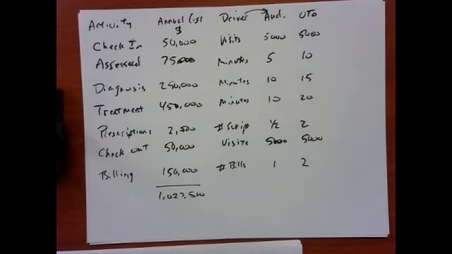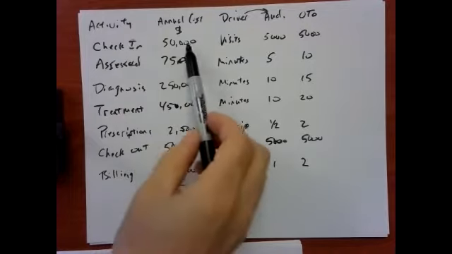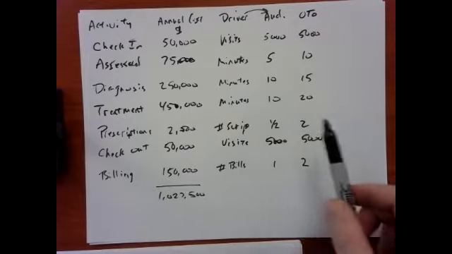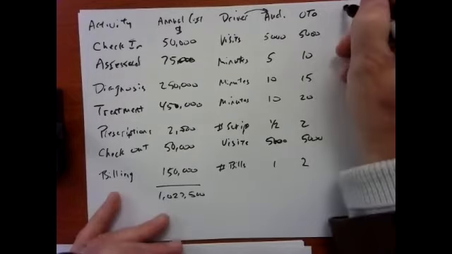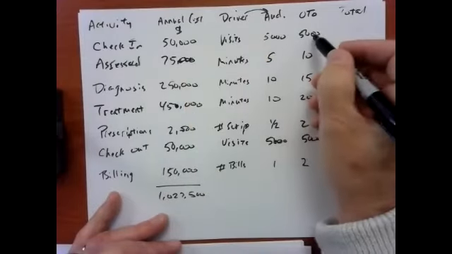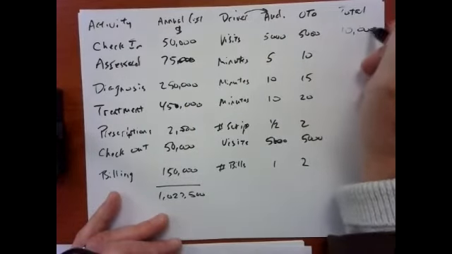When we're trying to get to our allocation rate, we take the overall cost pool, which is the 50,000, and then we have the cost driver. We say it's going to be visits. We want the total number of visits for the department in this case, not for either one of the clinics. So we're going to take 50,000 divided by 5,000 plus 5,000, which is 10,000.